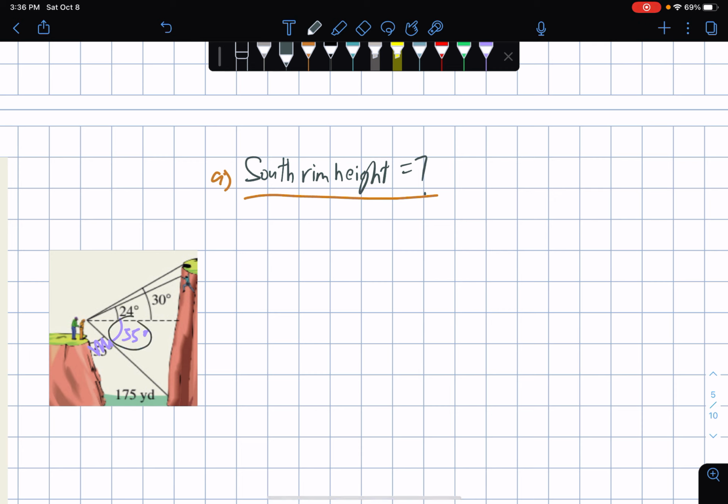We have 55 degrees. Technically, the height of this one is basically the southern rim of the canyon. They're equal.